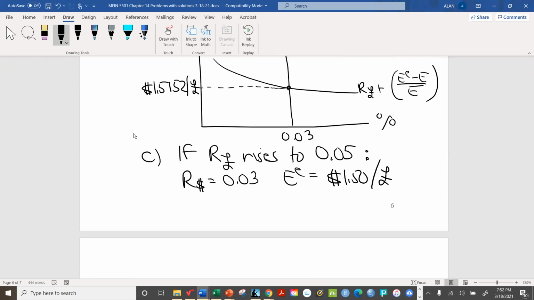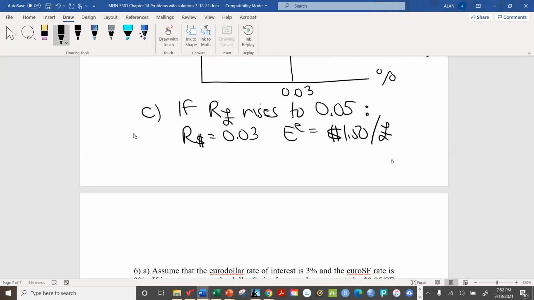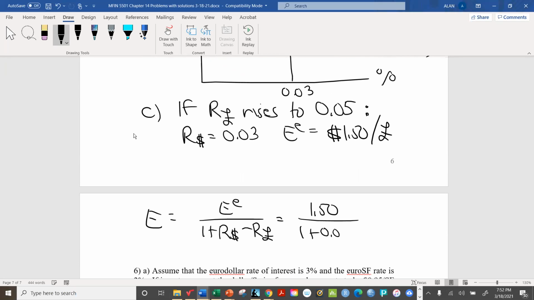So what happens? We have 1 plus the US rate minus the UK rate. 1.50 over 1 plus 3% minus 5%. And that works out to $1.5306.